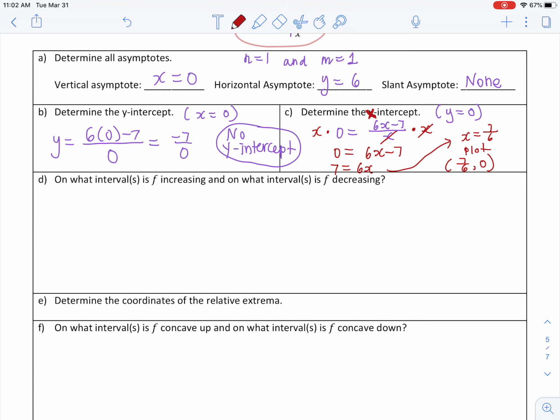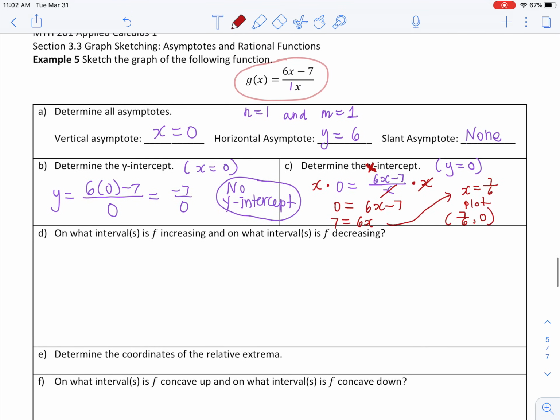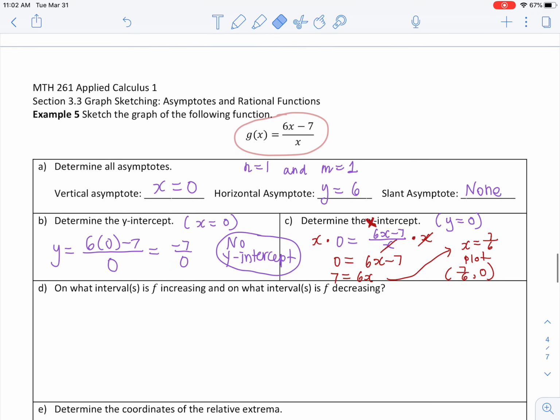All right, now let's do the calculus piece, guys. Should we try to avoid quotient rule again? You know what? I already kind of avoided the quotient rule above on example 4, so let me do quotient rule this time. Let's quickly write down the quotient rule.